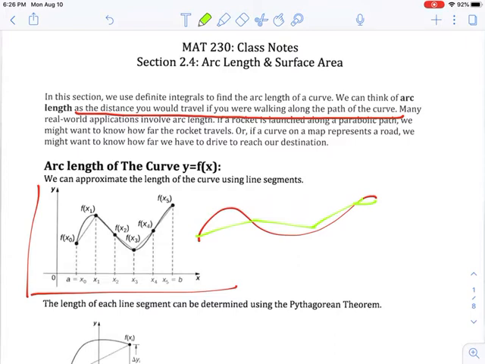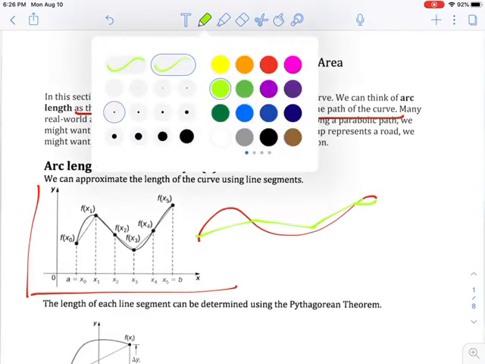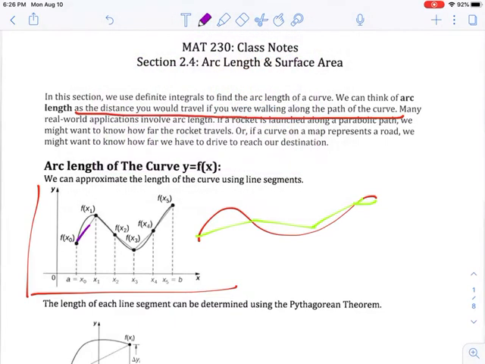We can calculate the distance of a line segment. So in this particular drawing, we have all these line segments, and so we're going to estimate the length of the curve by finding the length of some line segments.